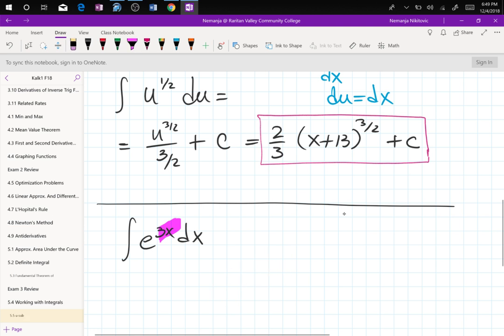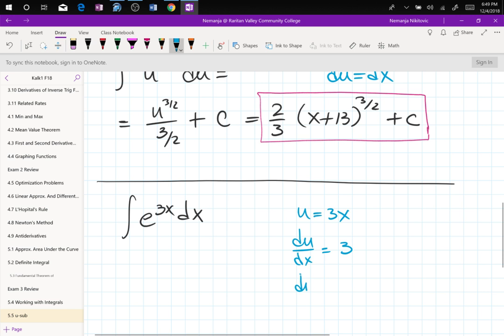Well, x is already taken, so let's use u instead. u equals 3x. du dx is equal to 3. So du is equal to 3 dx.